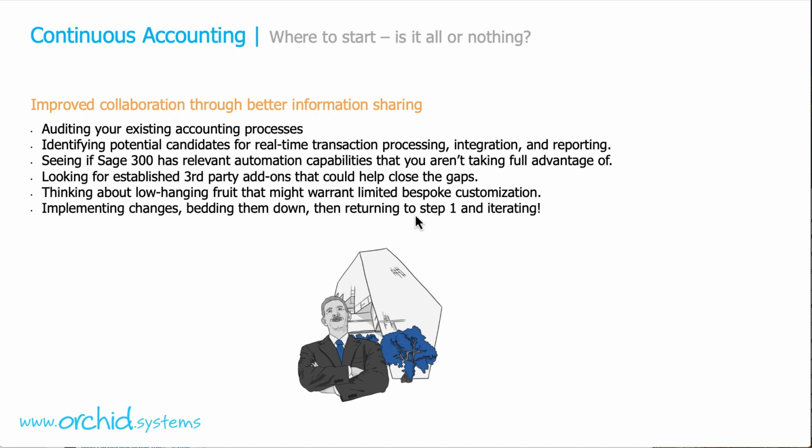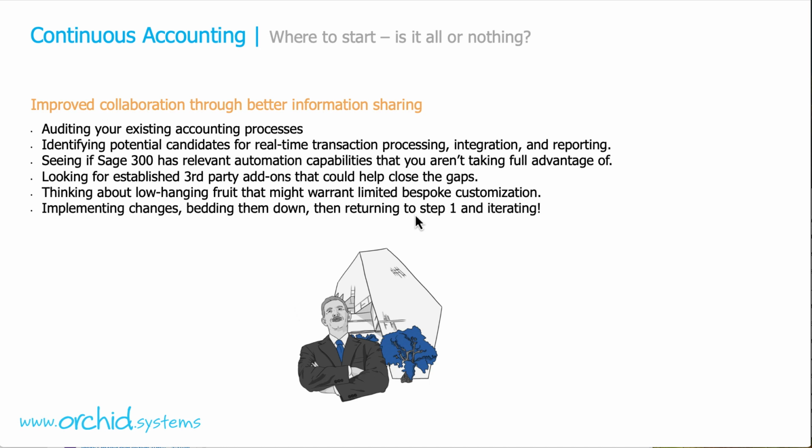Is it all or nothing? Could you keep your tried and trusted accounting system while seeking to implement incremental changes that could realize some of the benefits? If so, what steps might you take to go down that path? Well, how about auditing your existing accounting processes and identifying potential candidates for real-time transaction processing, integration, and reporting?